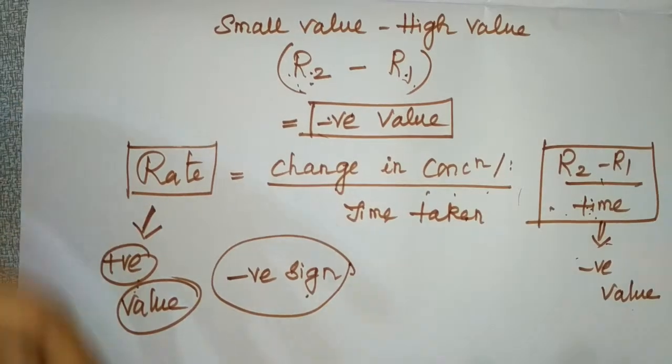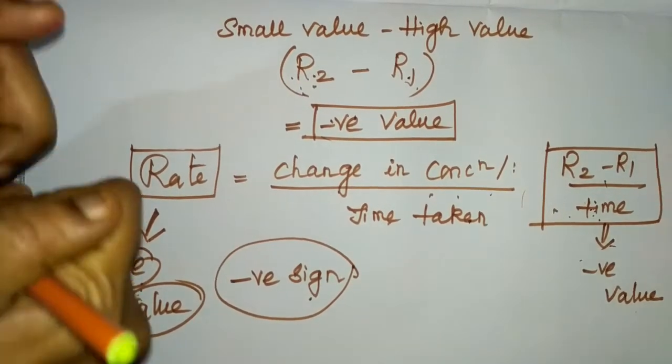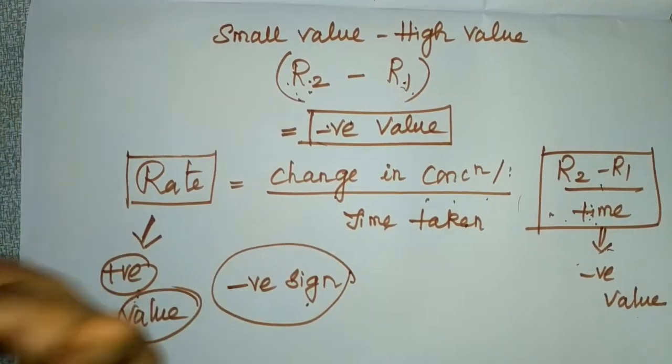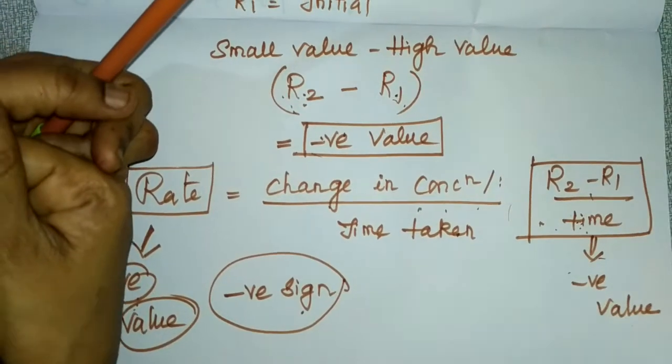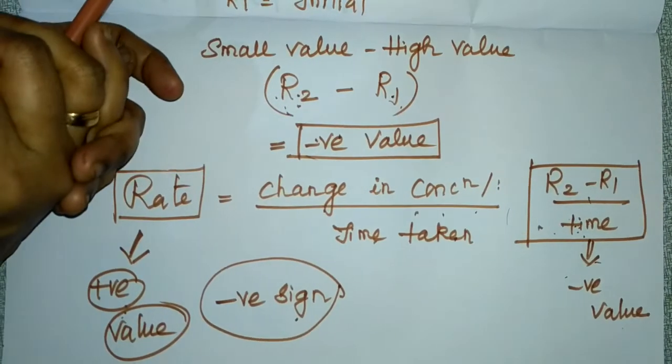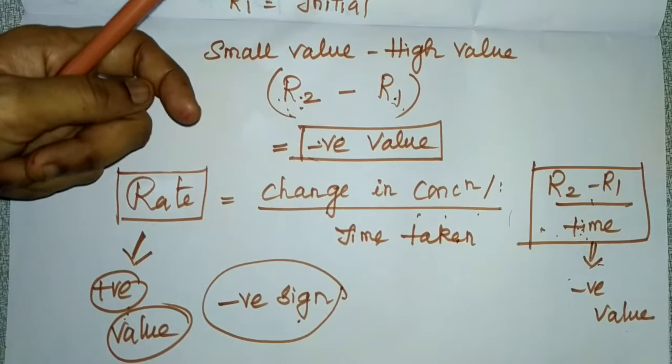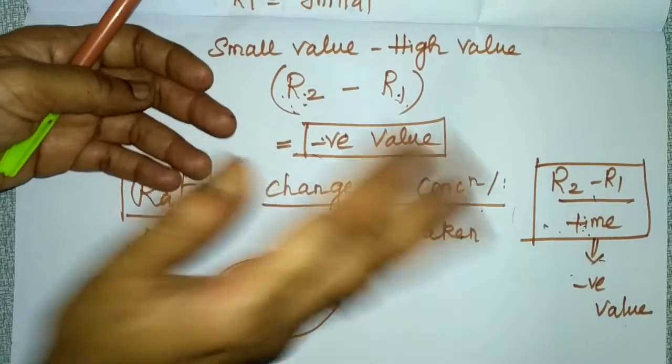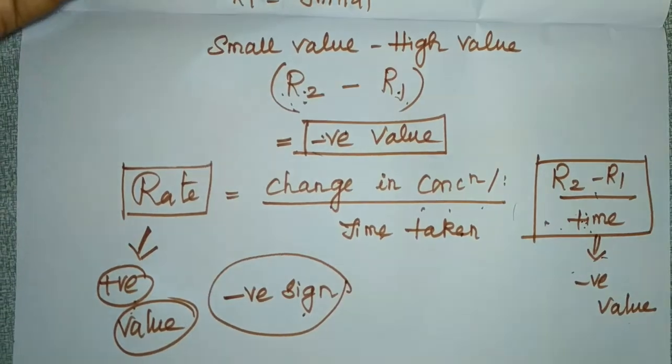Okay. See, I'll give you another general example. When I'm walking from one place to another place, the speed or rate will always be positive. Definitely, the rate cannot be negative. Clear?